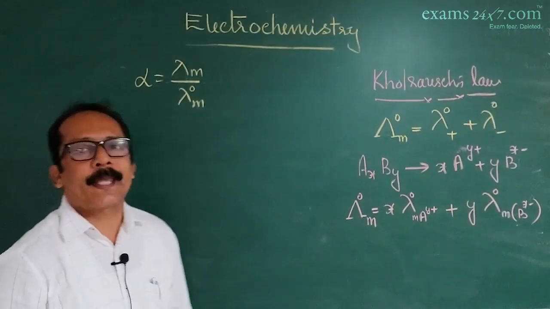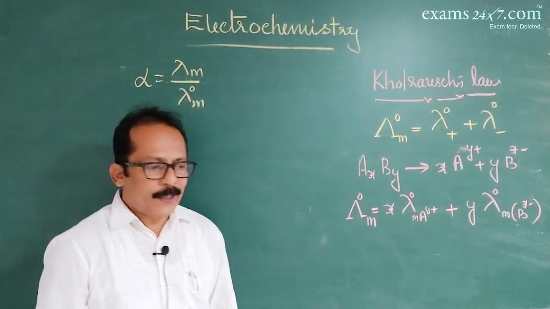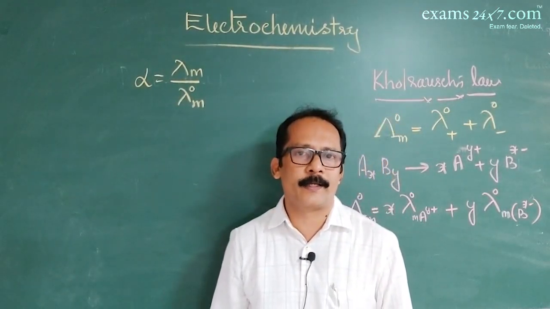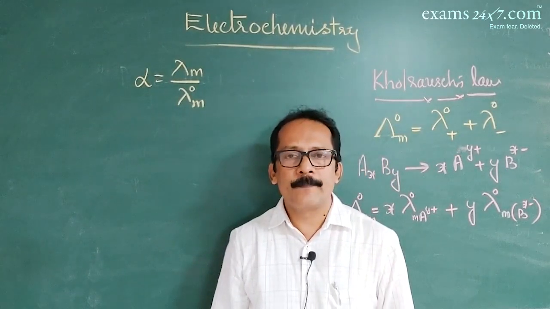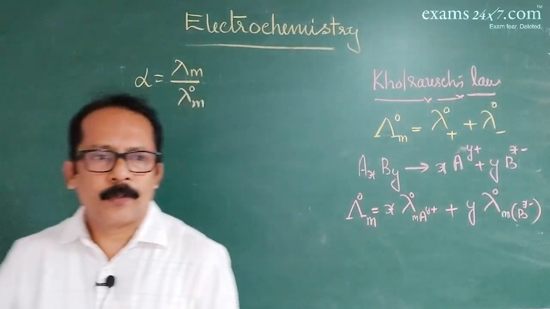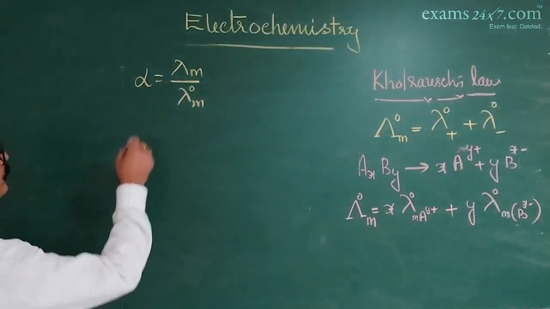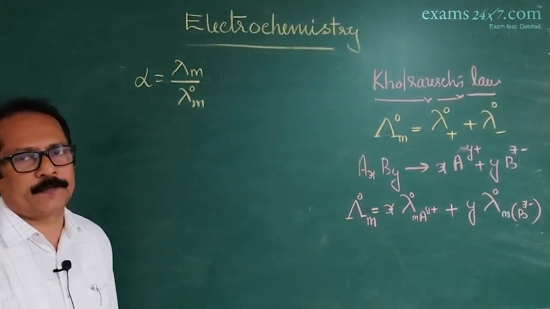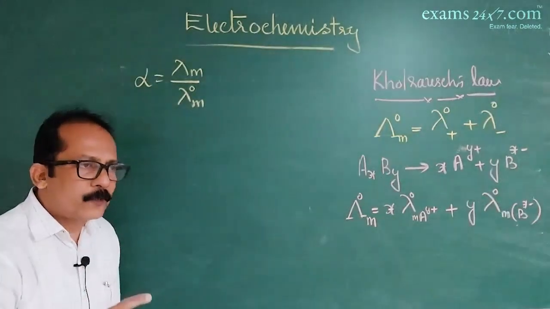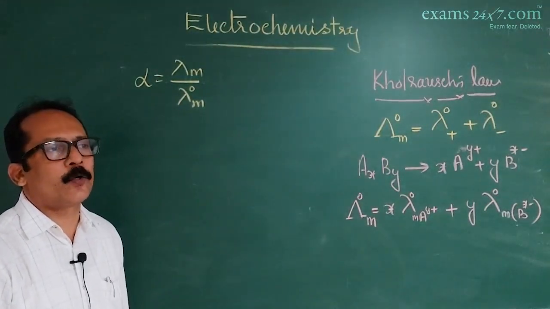Similarly, using this we can calculate the molar conductivity of a weak electrolyte. In order to calculate it, we have to take three strong electrolytes. For example, the molar conductivity of acetic acid at infinite dilution can be calculated using sodium acetate, sodium chloride and hydrochloric acid.